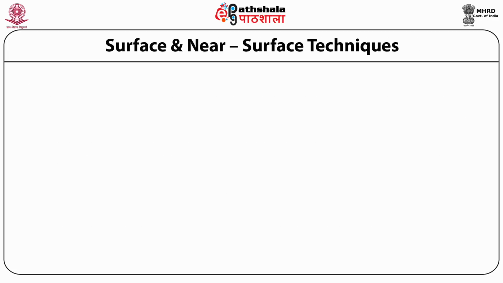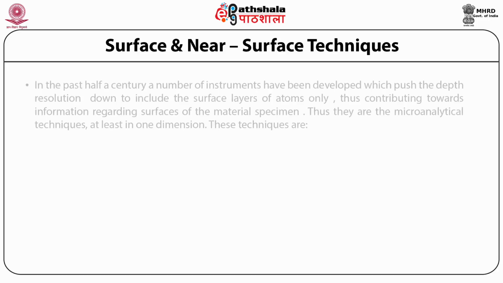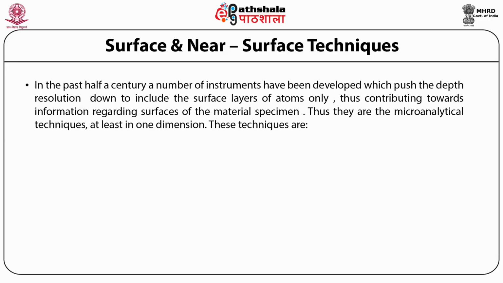Surface and near surface techniques. In the past half a century, a number of instruments have been developed which push the depth resolution down to include the surface layers of atoms only, thus contributing towards information regarding surfaces of the material specimen. Thus, they are microanalytical techniques, at least in one dimension.